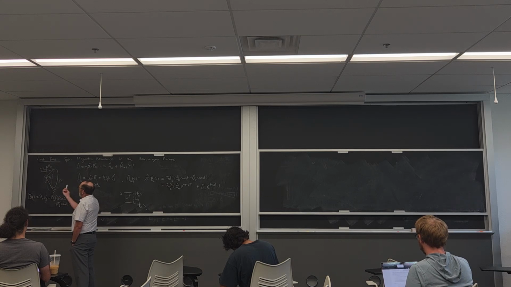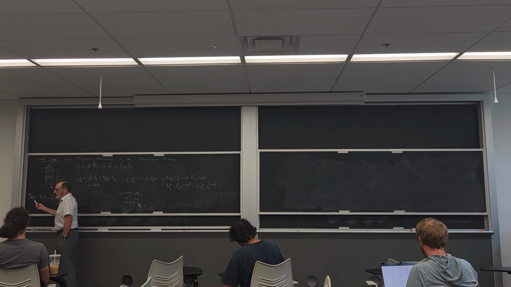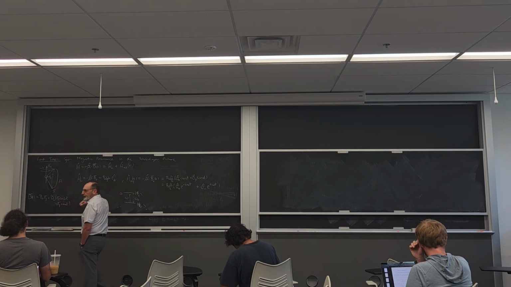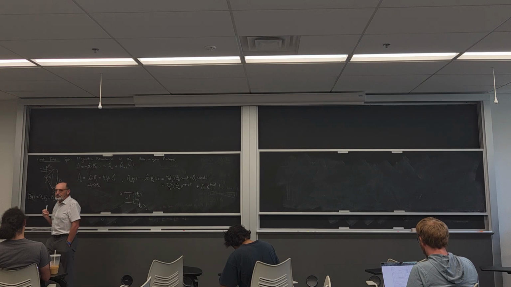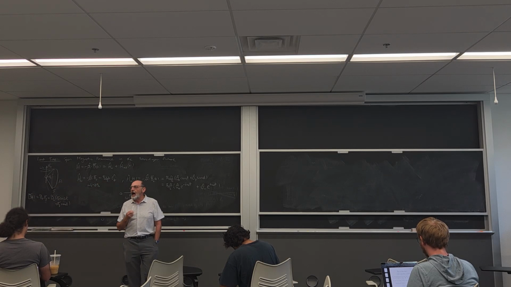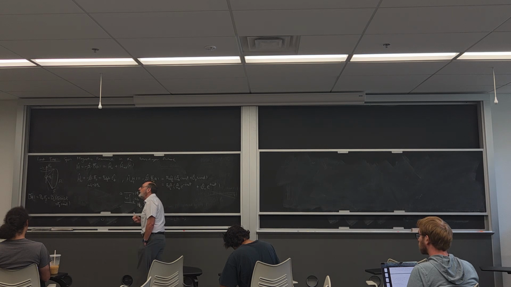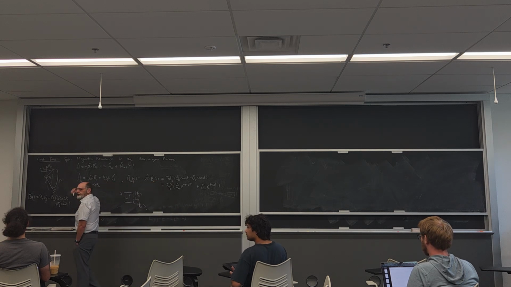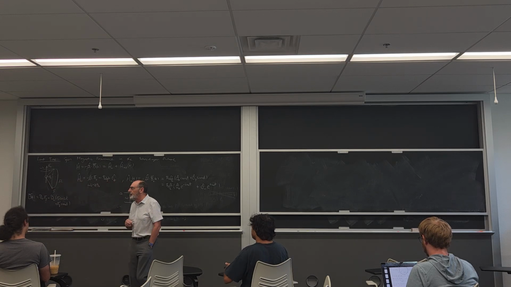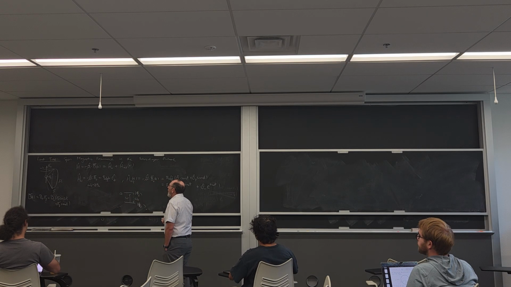It has a Larmor precession rate determined by the strength of the magnetic field, B naught. We want to flip the spin by applying a transverse field that is oscillating, in this case rotating, at some frequency omega. That will cause the spin to flip at the Larmor rate, capital omega, also known as the Rabi frequency.